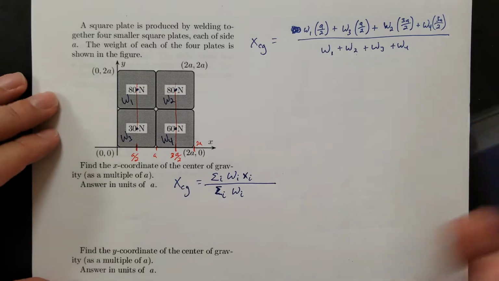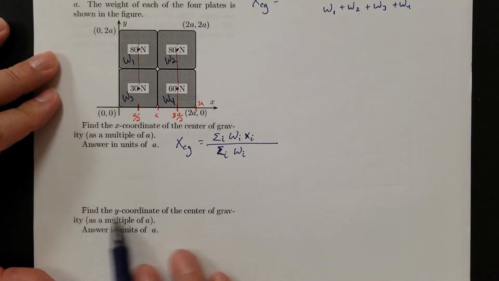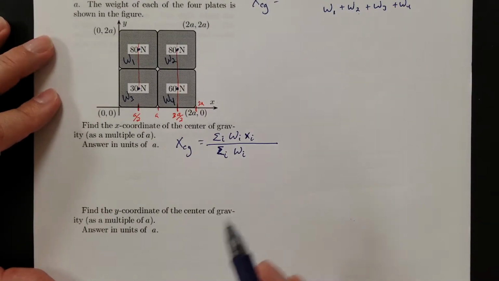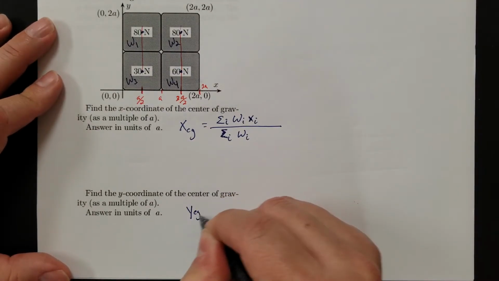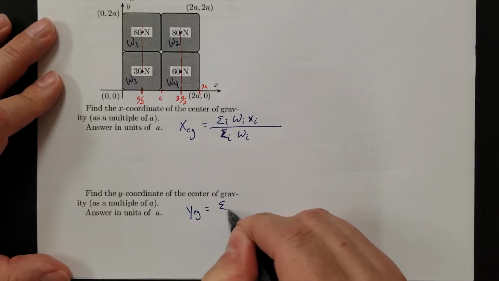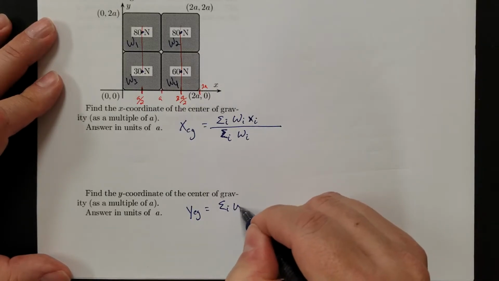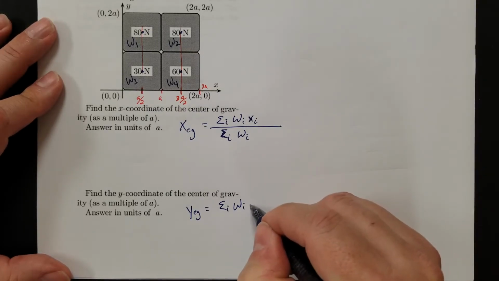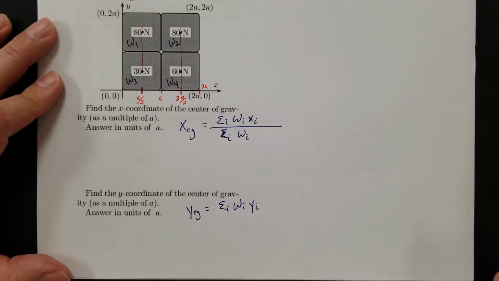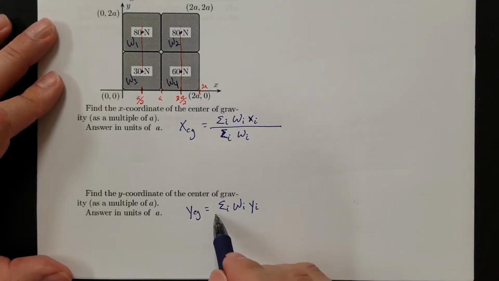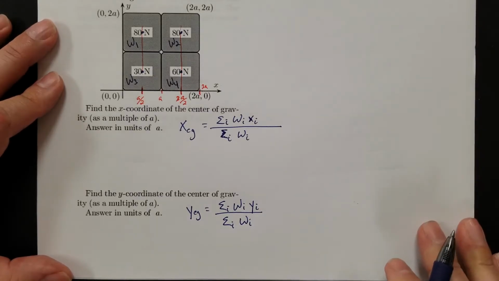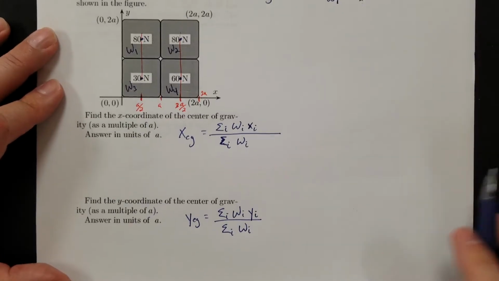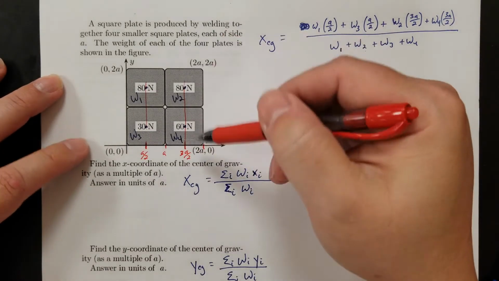And then your y. For part 2, find the y coordinate of the center of gravity. That's the same concept, except now my y center of gravity is still going to be the sum of all the weights times the y part, over the sum of all the weights. Now, what are my y's?